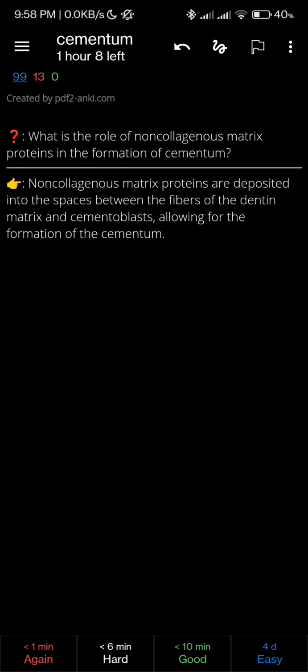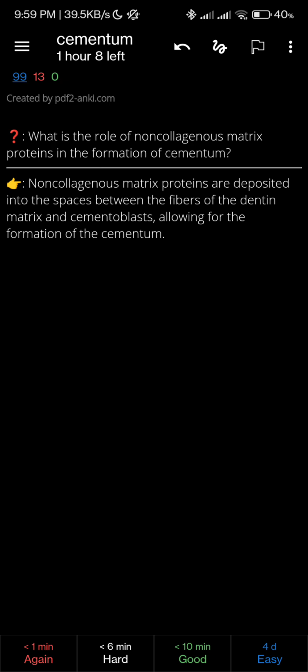So what is the role of non-collagenous matrix proteins in cementum formation?